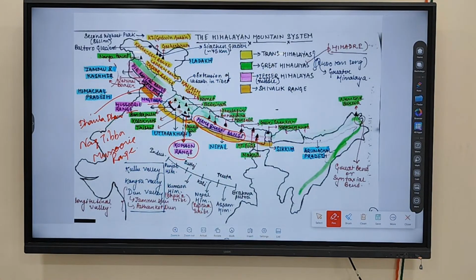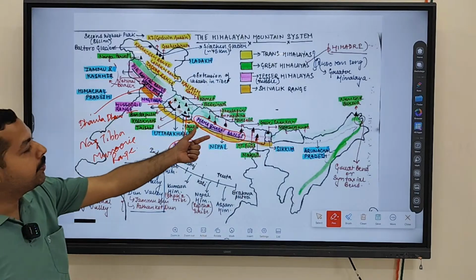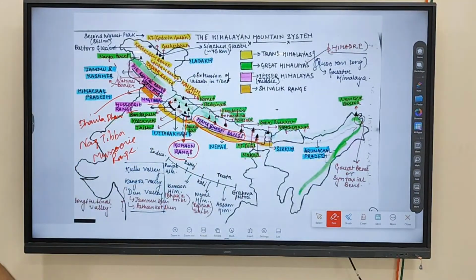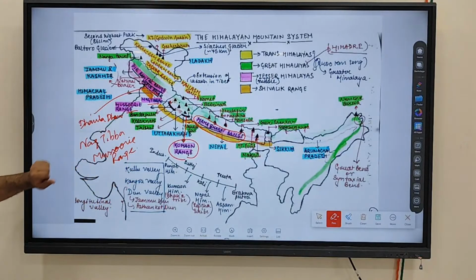So these are known by different names. Middle Himalayas are Pir Panjal range, Dhauladhar range, then you have Nag Tibba, Mussoorie and Kumaon range, found in Uttarakhand. And in Nepal, which range are you finding? Mahabharat range. Fine. So these are the important ranges of your Middle Himalayas.